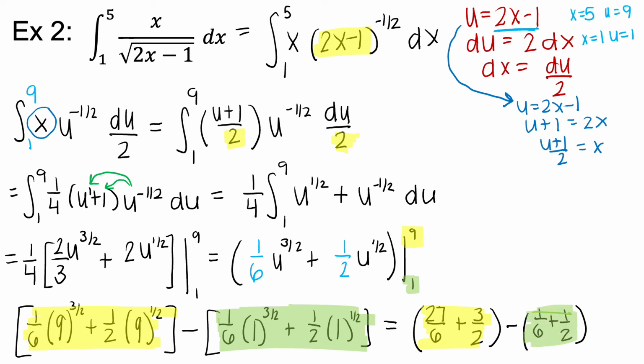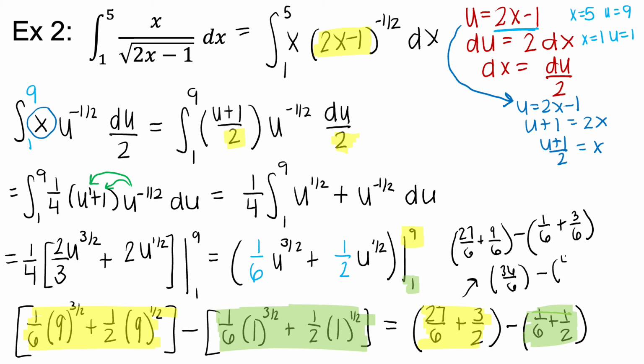So if we give everything a denominator of 6, I am running out of room here, sorry guys, this becomes 27 over 6 plus 9 over 6 minus 1 over 6 plus 3 over 6 gives me 27 plus 9 is 36 over 6 minus 4 over 6 gives me 32 over 6, or a final answer of 16 over 3.